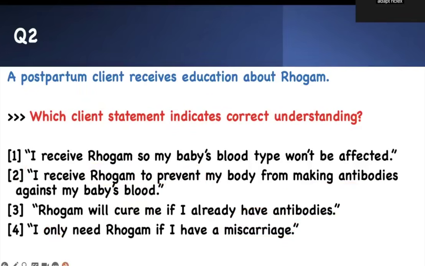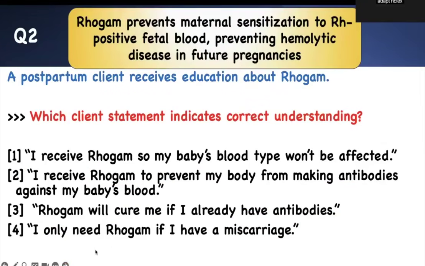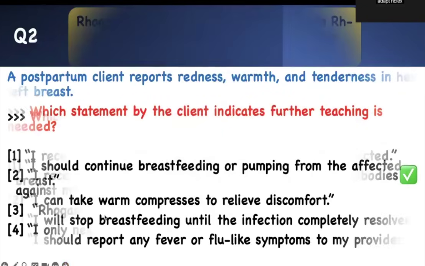I'm breaking down the question to show you test-taking strategy for how to answer questions. Take your time, go for the keywords, the buzzwords in the question, and break it down. Rhogam prevents maternal sensitization to Rh positive fetal blood, preventing hemolytic disease in future pregnancies. Therefore, number 2 is the right answer.